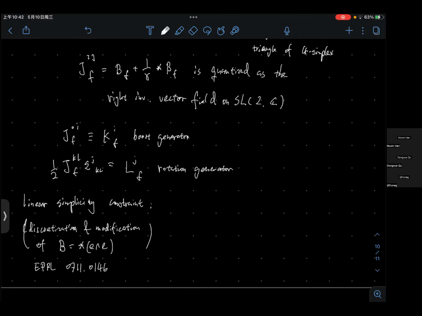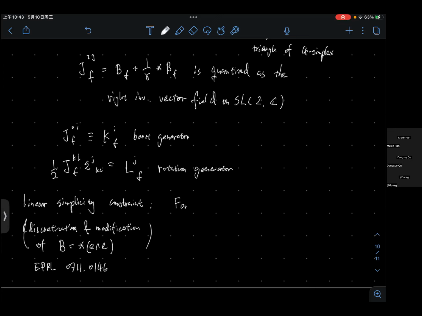Okay, so now I'm just going to state the result for this linear simplicity constraint, which replaces the classical simplicity constraint in the quantum theory and is imposed on the Hilbert space.